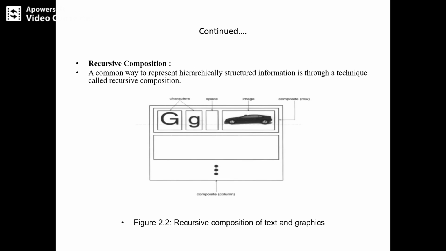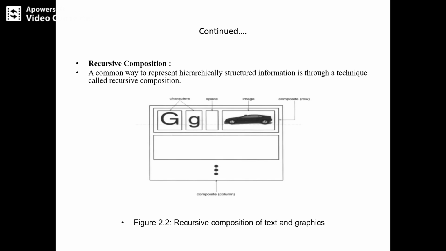The next is recursive composition. Recursive composition is a common way to represent hierarchically structured information, which entails building increasingly complex elements out of simple ones. It gives a way to compose a document out of simple graphical elements.